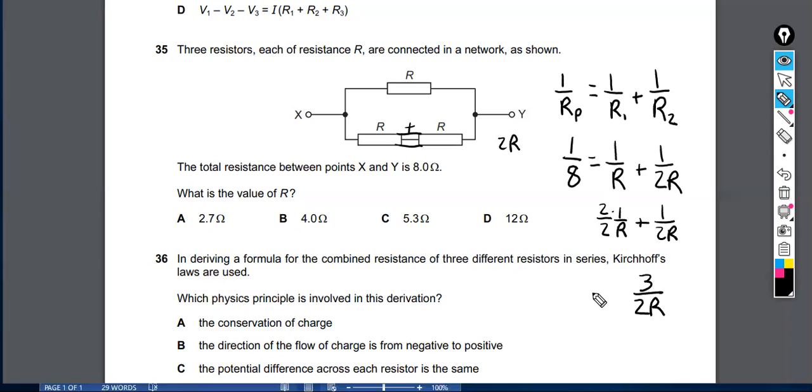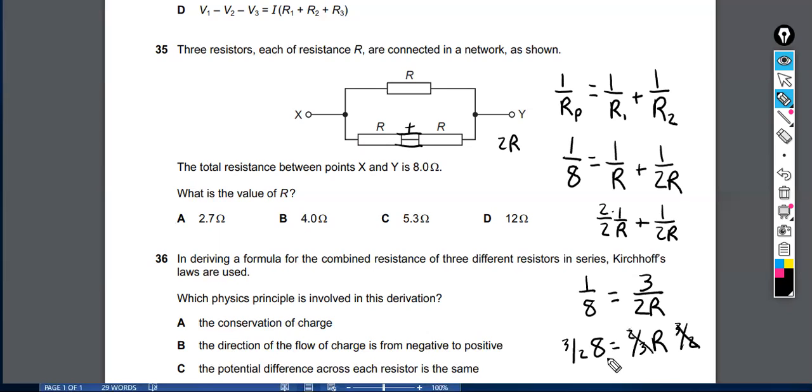So I have 3 over 2R is equal to 1 over 8. So 8 is 2R over 3, or 2/3 R. Multiply each side by 3/2. 2/3 of 3/2 is 1.